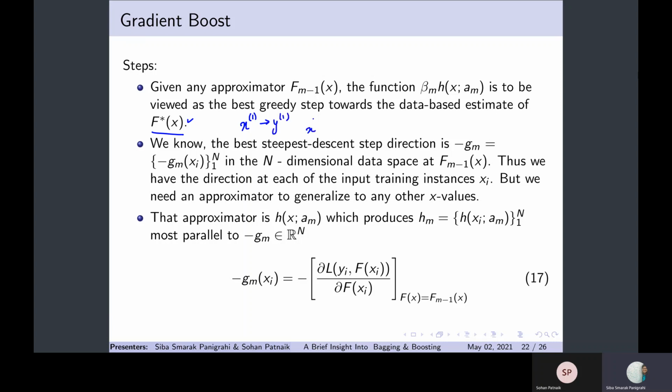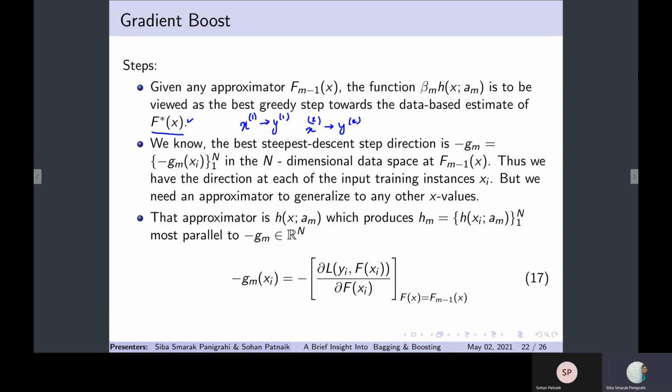There is x2, for it there is y2. So these are fixed points, let's say there are n points. Now this f star x is an estimate of these points over any x. If I put in any x, it will give me an estimate, and it should also try to fit these training instances very well.